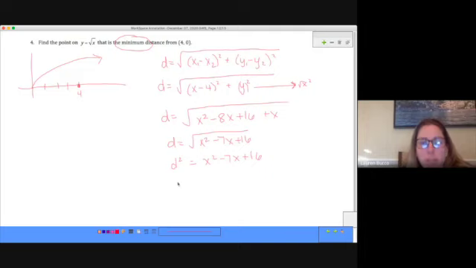So there's a lot of smart mathematicians that argue, forget this whole square root thing, just find the minimum of the distance squared because it's still going to be the minimum of the whole thing.